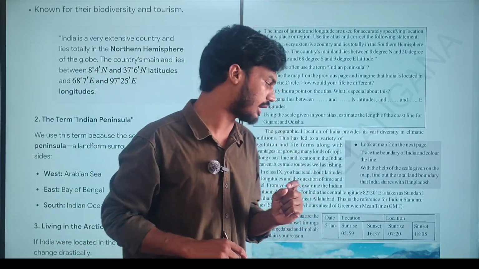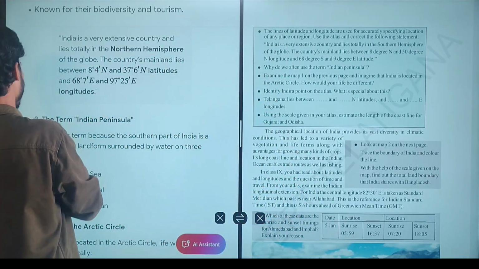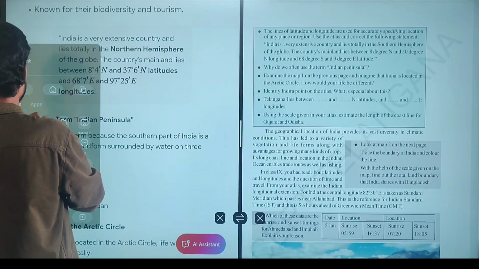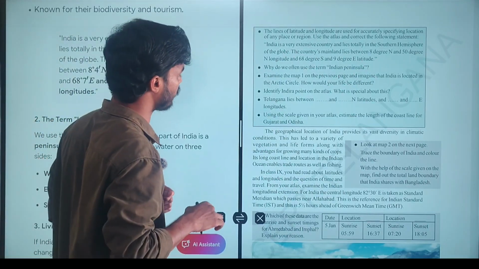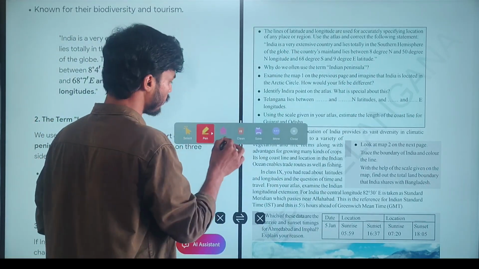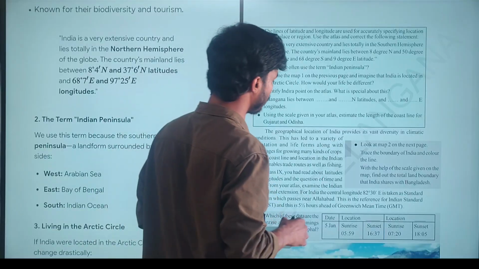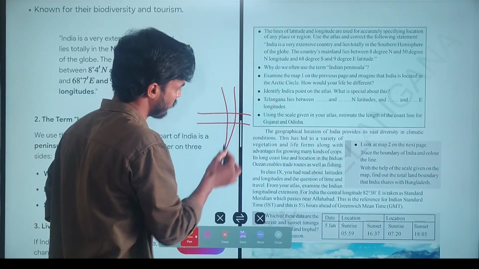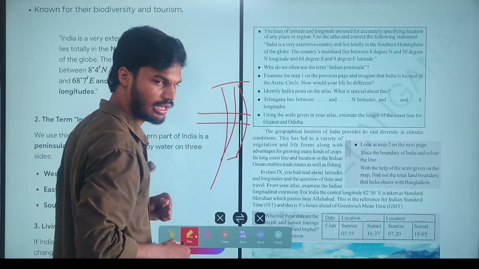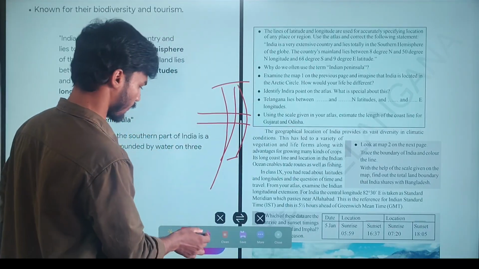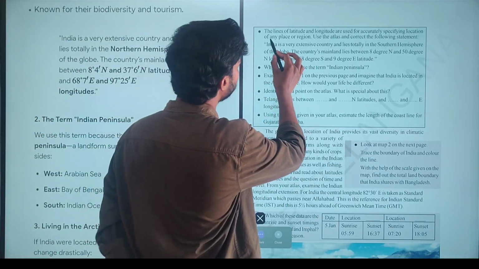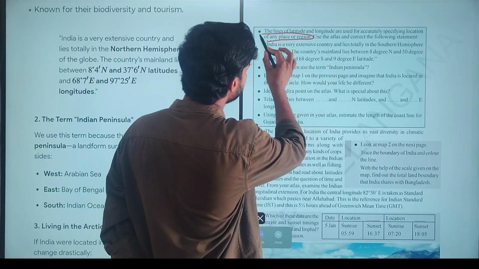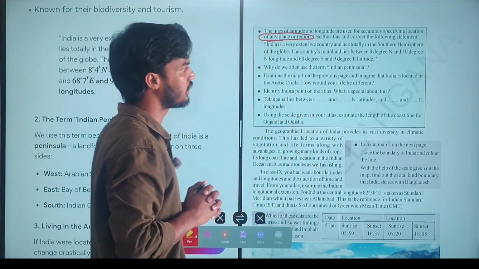The horizontal lines running parallel from west to east, parallel to the equator, are known as latitudes, and the vertical lines from the North Pole to the South Pole are known as longitudes.